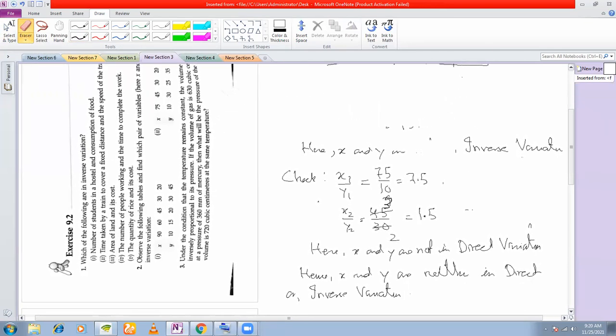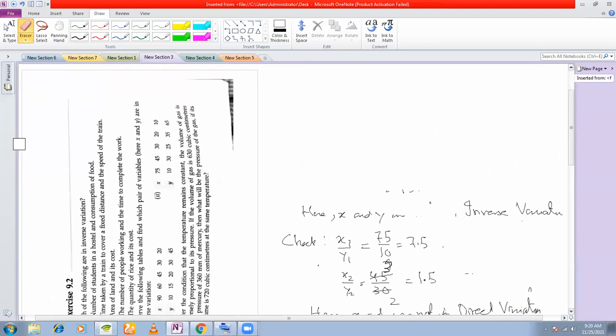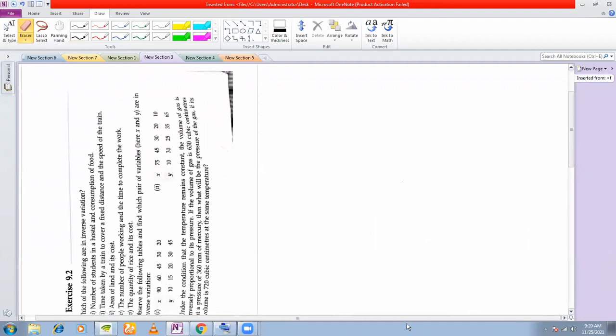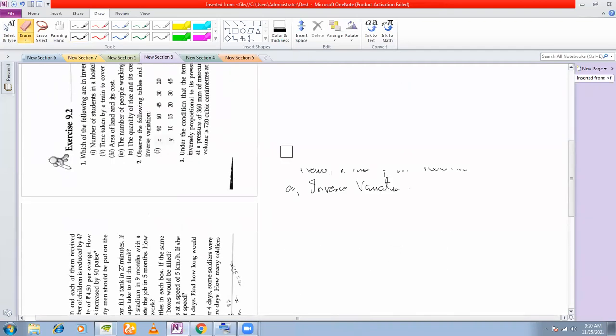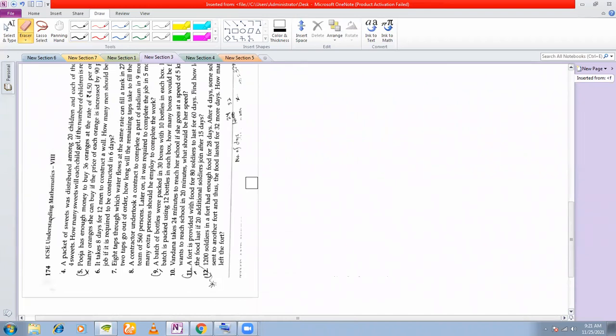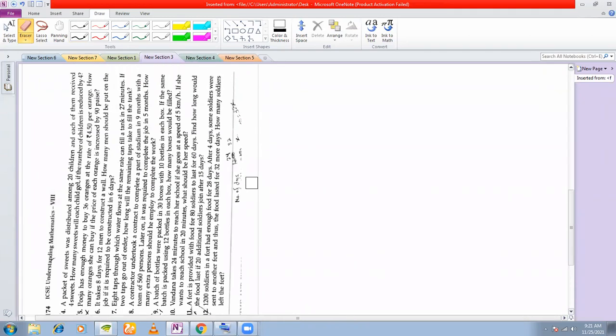Now we'll move on to more specific problems. These were more general problems. Look at question number 5 here. The question reads, Pooja has enough money to buy 36 oranges at the rate of 4.5 per orange.